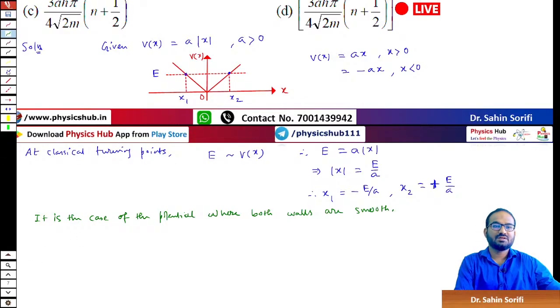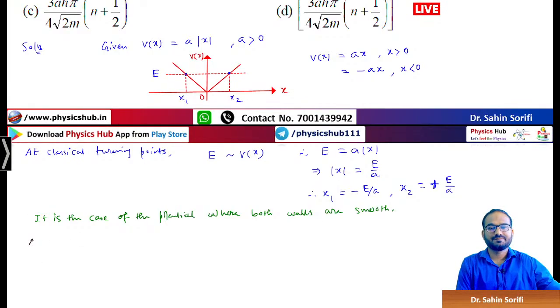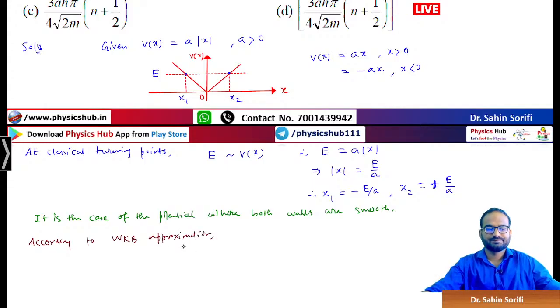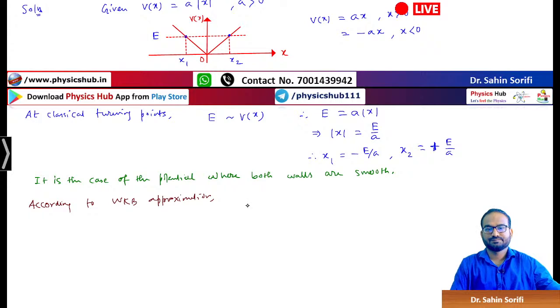So according to WKB approximation, what can we write? According to WKB approximation, we have the integral from x1 to x2 of p dx equals n plus half times pi h cut, where n starts from 0, 1, 2, 3.